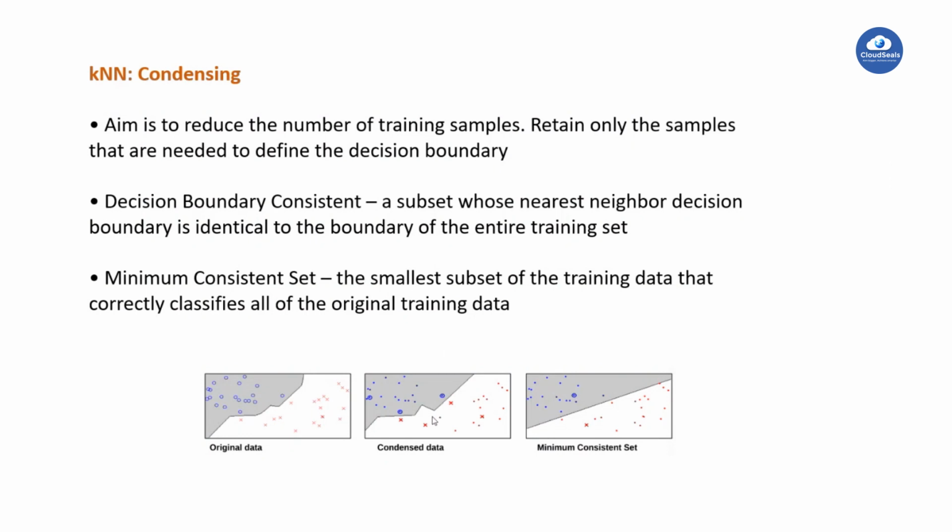So this is one of the condensed data. Minimum consistent set: that is the smallest subset of training data that correctly classifies all the original training data. That one is this one.